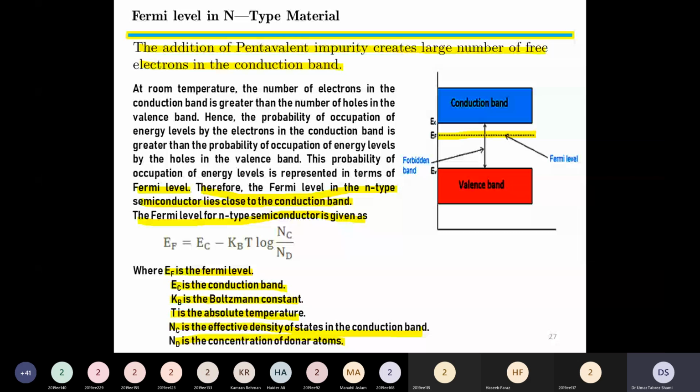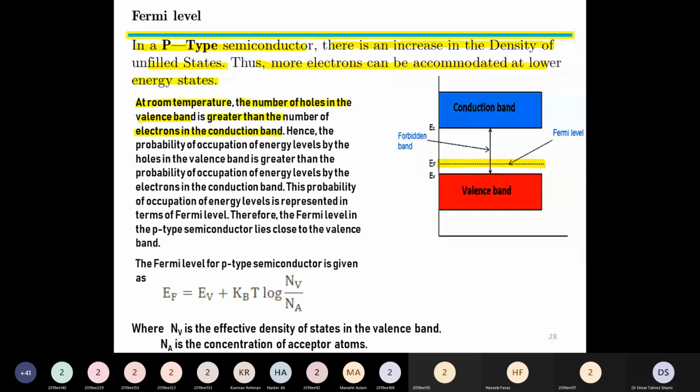P-टाइप में ज़्यादा चांसेस हैं कि आपके जो होल्स हैं वो ऑक्यूपाई हो जाएंगे. और this is represented by the Fermi level and given by formula over here. यहाँ पे ये फार्मूला दिया गया.